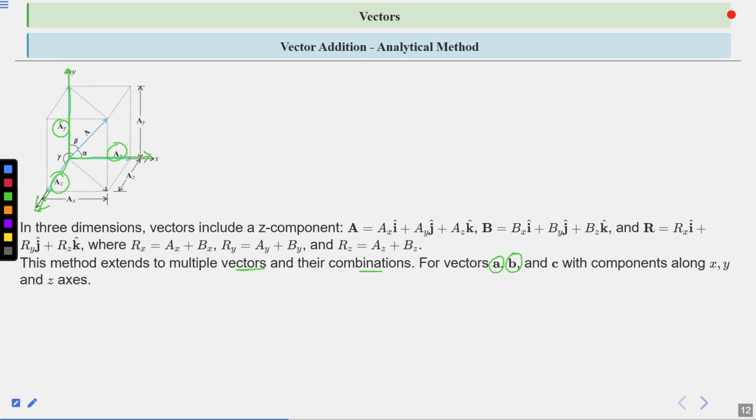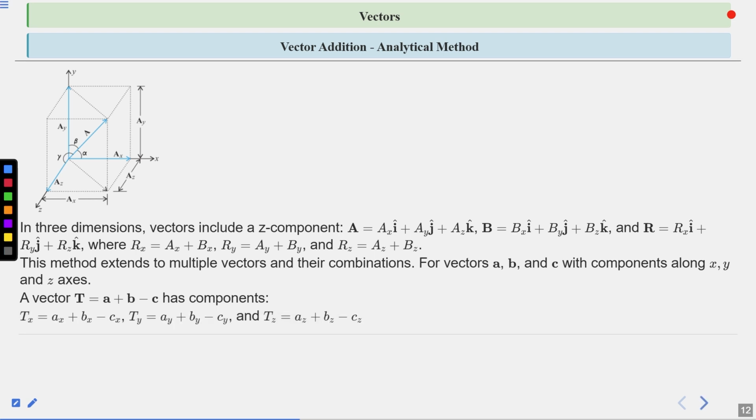So vector T is equal to A plus B minus C and has components Tx equal to Ax plus Bx minus Cx, Ty equal to Ay plus By minus Cy, and Tz equal to Az plus Bz minus Cz.